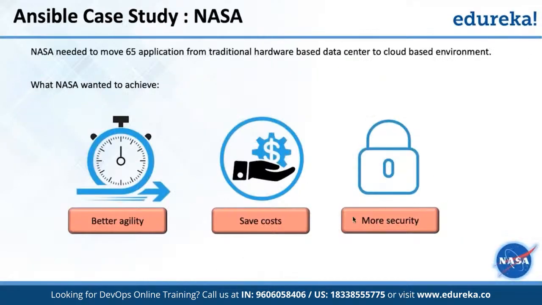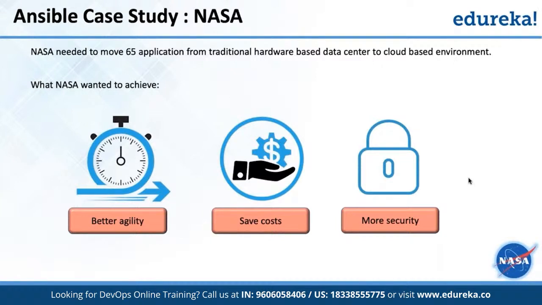Let's talk about a case study of how organizations using Ansible are saving time and making their life easy. NASA, the National Aeronautics and Space Administration, the US space agency, wanted to move 65 applications from traditional hardware servers to a cloud-based environment. At the same time, when they migrate, they want to save some cost.